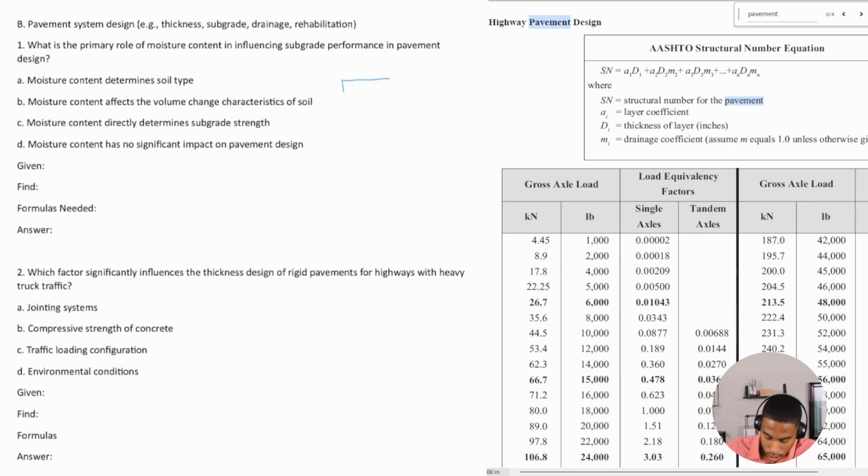My blue is going to be my asphalt. And this is why I said prior knowledge is pretty key, because they're not really giving you this information. Then you're going to have subgrade.